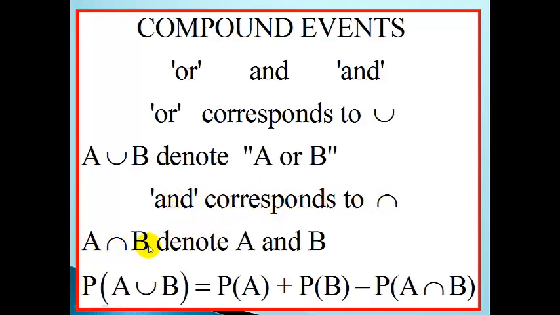So A intersection B denotes A and B. Now for a compound event, the probability of A union B is equal to the probability of A plus the probability of B minus the probability of A intersection B.